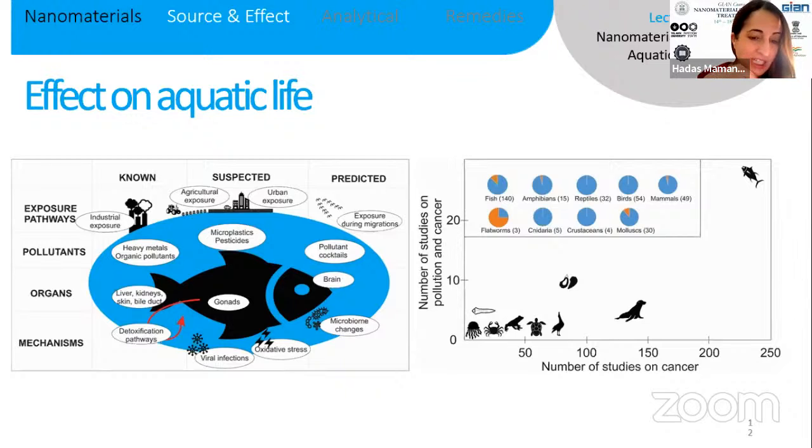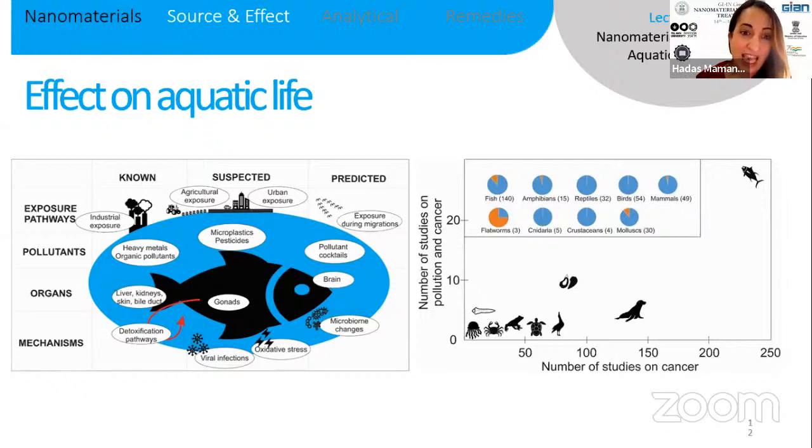What we actually see from this figure is the number of studies that indicate cancer in the aquatic environment, and the number of these studies that link cancer to pollution. So there are fewer studies that link the cancer of the aquatic environment to the actual pollution. And this is, of course, troubling in a sense. So this is one thing to be aware of.